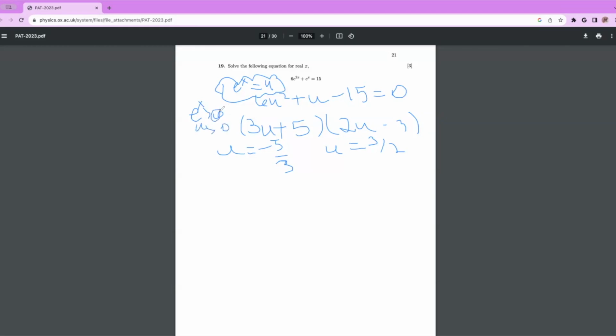Which means we can throw this out, and substitute back: e to the x is 3 over 2, which means x is the natural logarithm of 3 over 2. I probably should calculate it, but I don't think they'll care too much. There we go, that was the solution to 19.